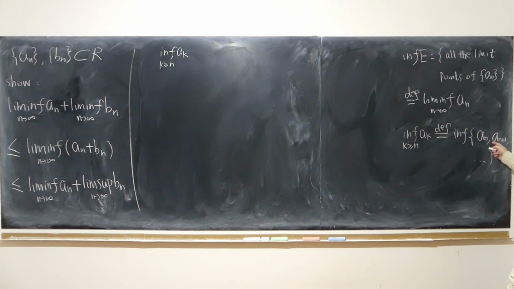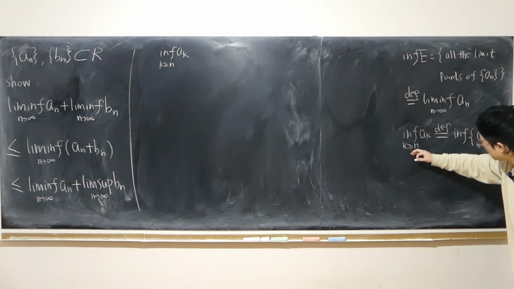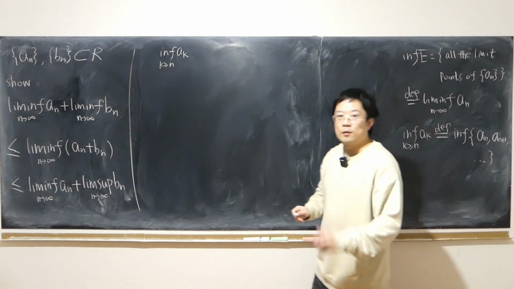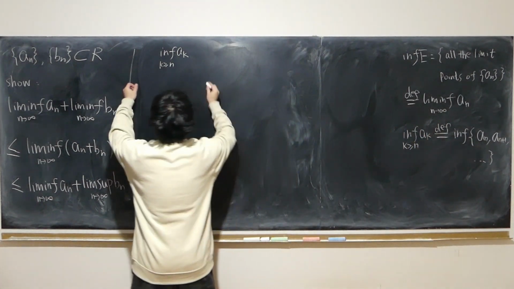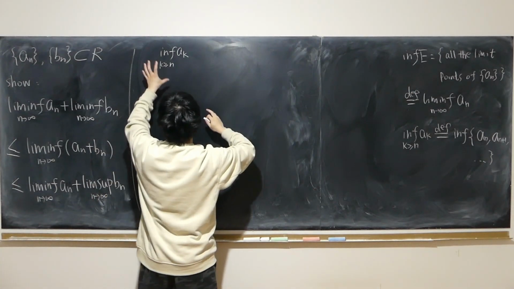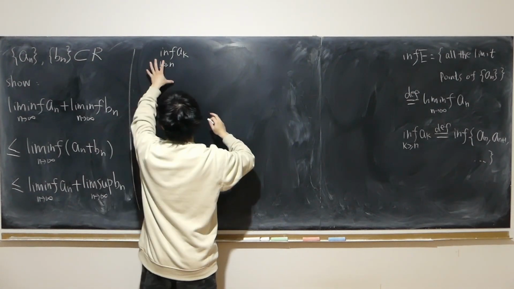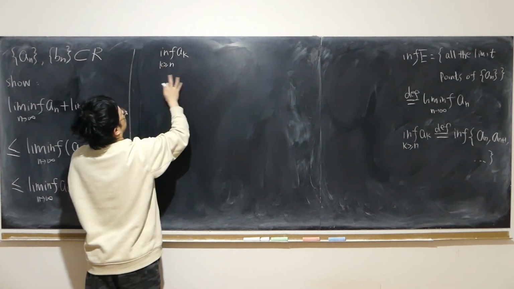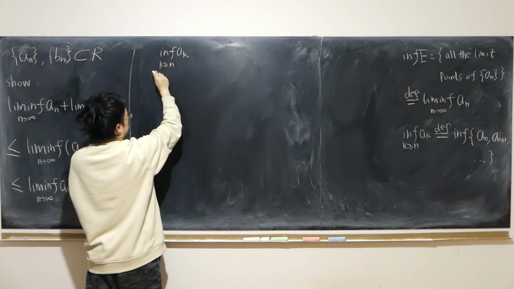So here we have a set that contains infinitely many elements, right? By order, a_n, a_{n+1}, a_{n+2}, so on and so forth. Take the infimum of this set. We call it the infimum of a_k, k bigger than or equal to n. So an alternative equivalent definition of liminf is that first we take the infimum of this, then we take the limit.